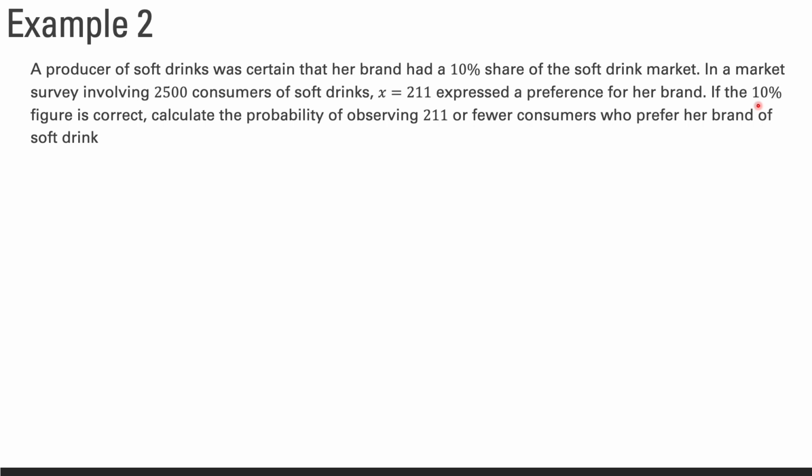So p is equal to 0.1, n is equal to 2,500, and x is equal to 211. Now we have to find the probability of observing less than or equal to 211. Here we are not going to use the table, because the table for 2,500 would be too large. So we are going to use the p-value method.